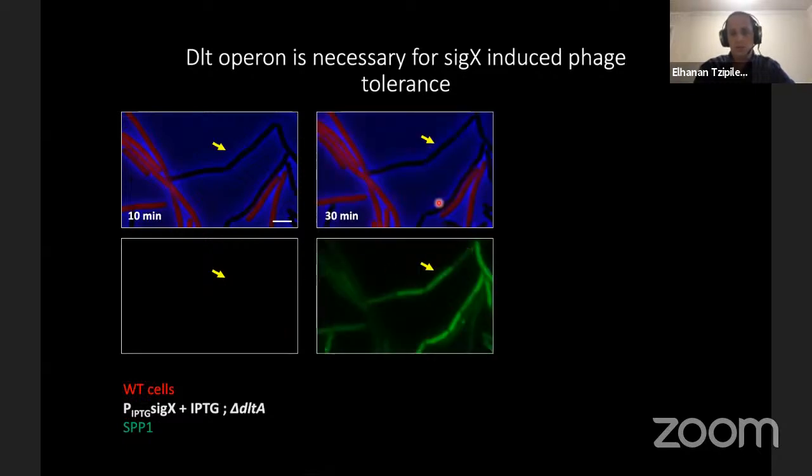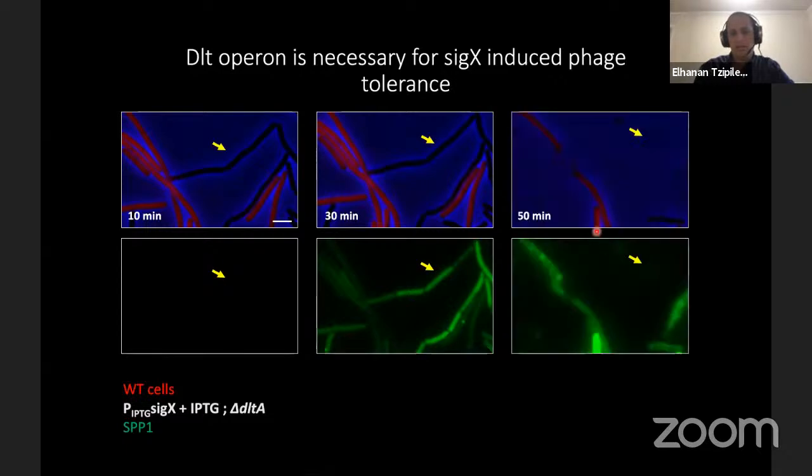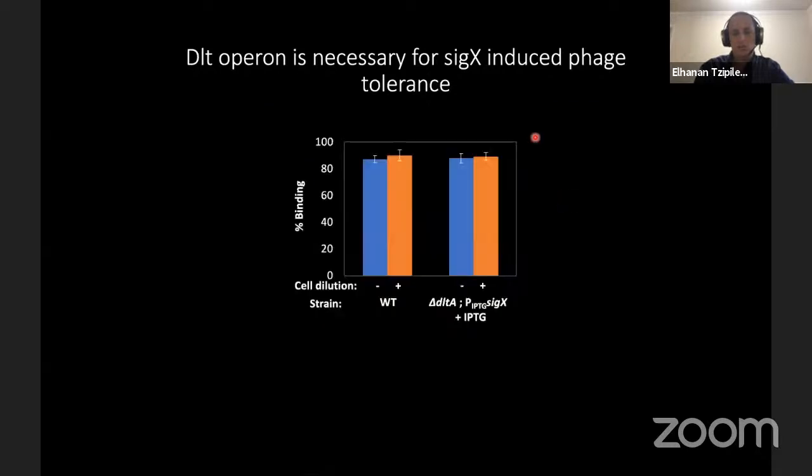And we found that both got infected at the same time and also lysed at the same time, and no tolerance response was observed. And also the irreversible binding: when we express sigma X in the background of the DLTA mutant and wash and dilute the culture, there is no release of phages.